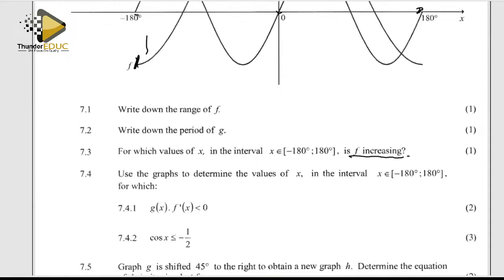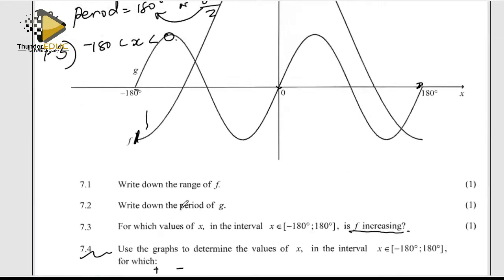All right. Then we have 7.4. Use the graphs to determine values of x in which g of x times f prime of x is less than 0. So f prime is more like the first derivative or the gradient in this case. So if I have this as a plus and this as a minus, or if I have this as a minus and that's a plus, where do I find the g to be above while f is decreasing?